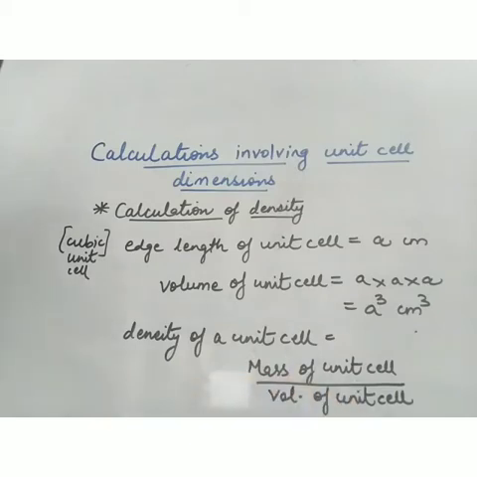Now what is the meaning of mass of unit cell? Mass of unit cell means the mass of all the particles which are making the unit cell. For example, in simple unit cell it is only one particle. In body centered there are two particles, and in face centered there are four particles. So mass of unit cell means the mass of all the particles which are making up the unit cell.